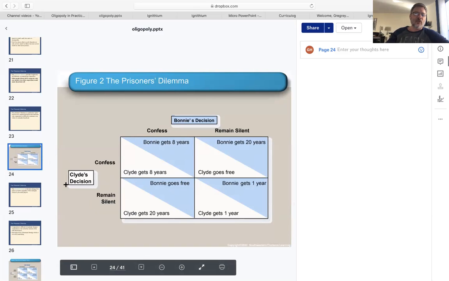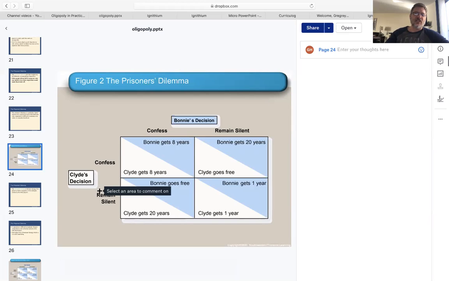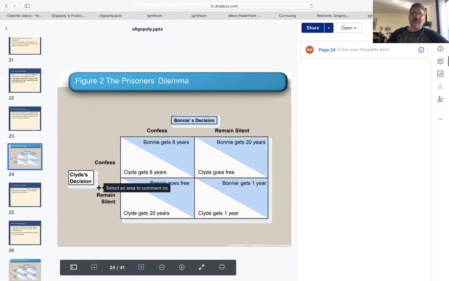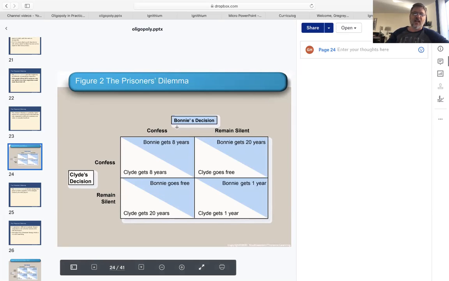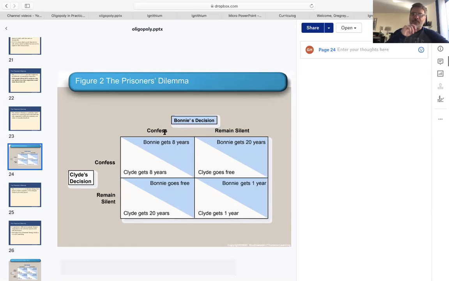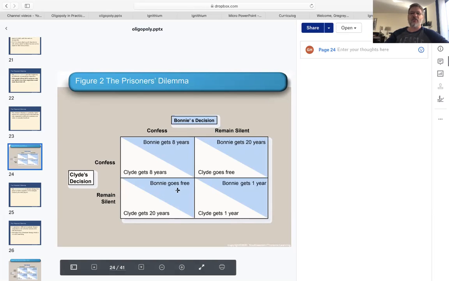So if you're going to try to find Clyde's Nash equilibrium strategies, and then you put the two strategies together to get the Nash equilibrium, you'd say, okay, let's hold Bonnie's decision constant. Suppose Bonnie has chosen confess. This is kind of like a theory of mind where Clyde is thinking to himself, okay, what should I do if Bonnie chooses confess?